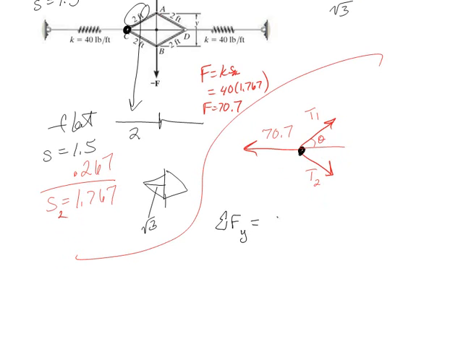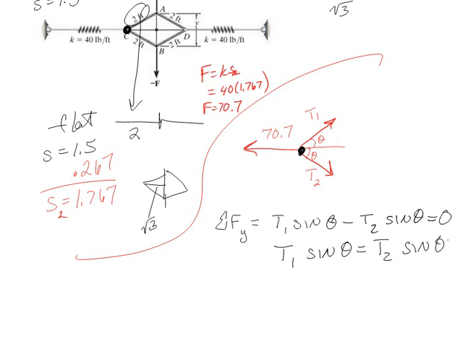That gives me T1 sine theta minus T2 sine theta. Those are the only things going on in the y direction, so that equals 0. So T1 sine theta is equal to T2 sine theta. And since theta is the same, that means that T1 is equal to T2. That's kind of nice. That tells me that the tension in all 4 ropes is the same, which is probably what you assumed anyway, but we actually proved it.